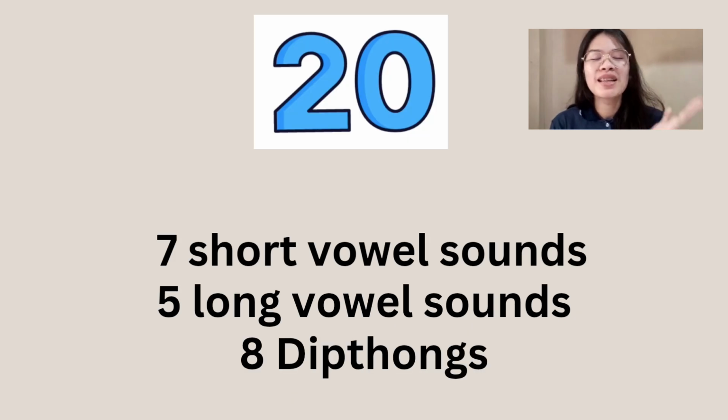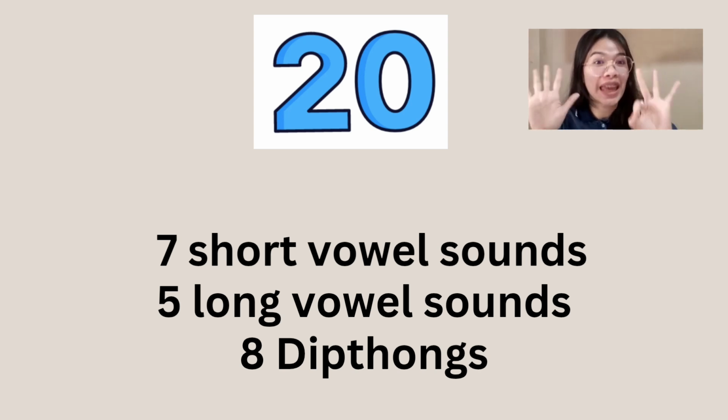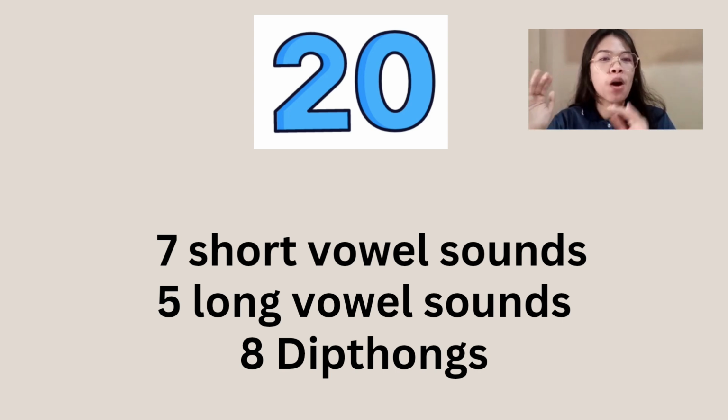There are 20 vowel sounds of English. In these 20 vowel sounds, we have 7 short vowel sounds, 5 long vowel sounds, and 8 diphthong sounds. And we will tackle each of these one by one so we will be able to understand our vowel sounds.